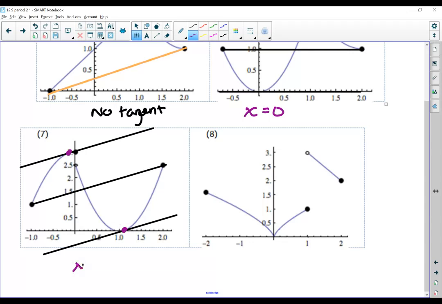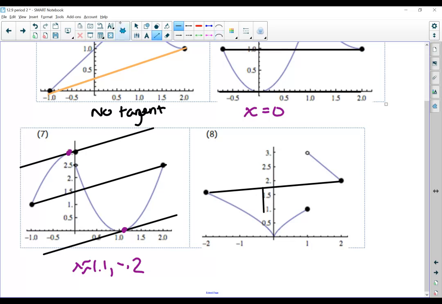So x is approximately 1.1 and negative 0.2. Okay, again, I'm estimating. They don't have to be perfect. I'm just thinking where would I have that slope? Okay, and then finally for number 8, here's my line. If I were to clone that line and drag it, I would have no point of tangency here.